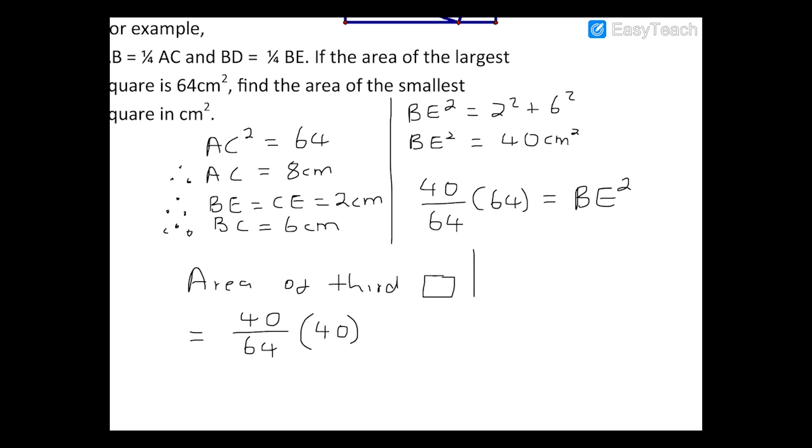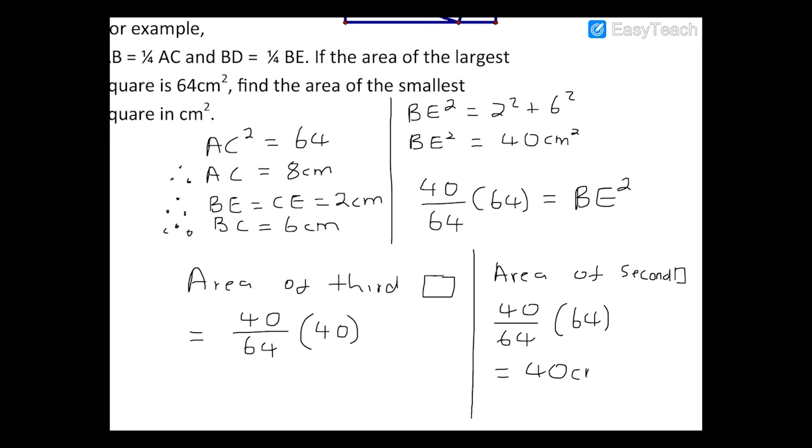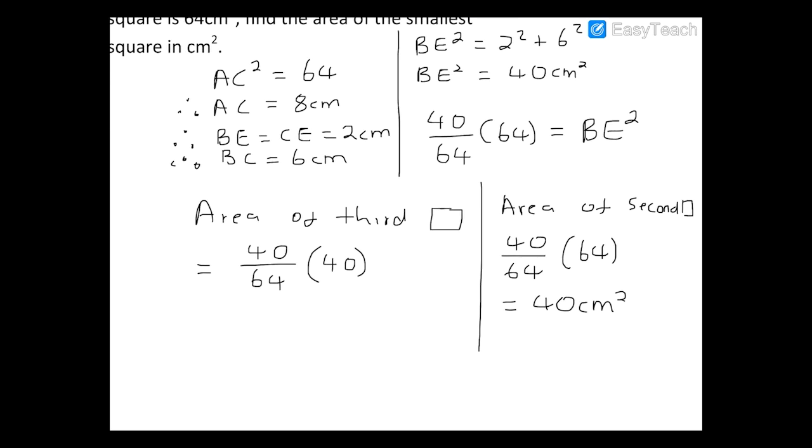This is true because if we wanted the area of the second square, we would have said 40 divided by 64 multiplied by 64, and this was going to give us 40 square centimeters. So we use the same proportion to find the area of the third square.